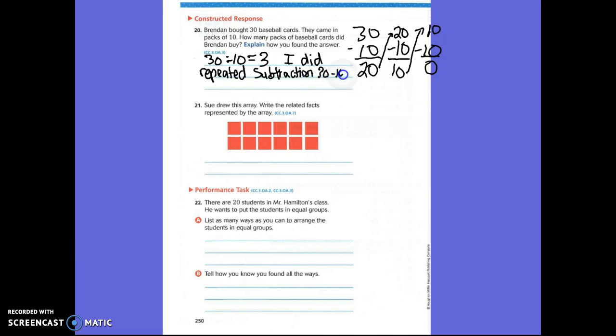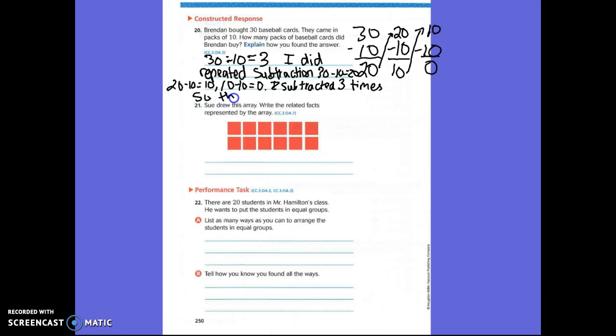30 minus 10 equals 20. 20 minus 10 equals 10. 10 minus 10 equals 0. I subtracted 3 times.